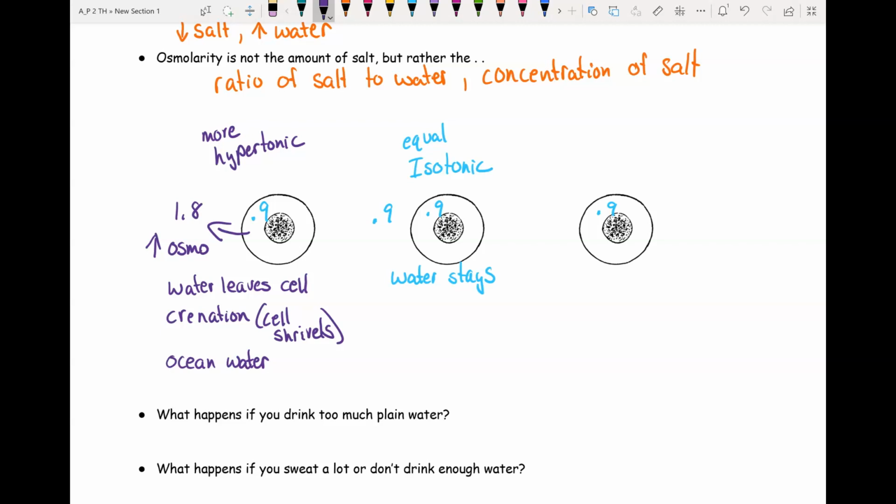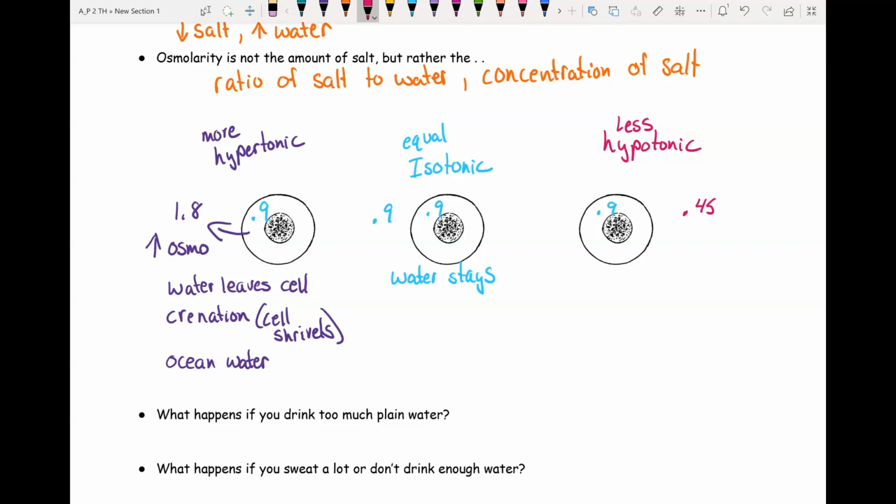Okay, let's look at the other end here. You could have hypotonic. So hypo means less. So let's say this is 0.45. 0.45 is half of 0.9.